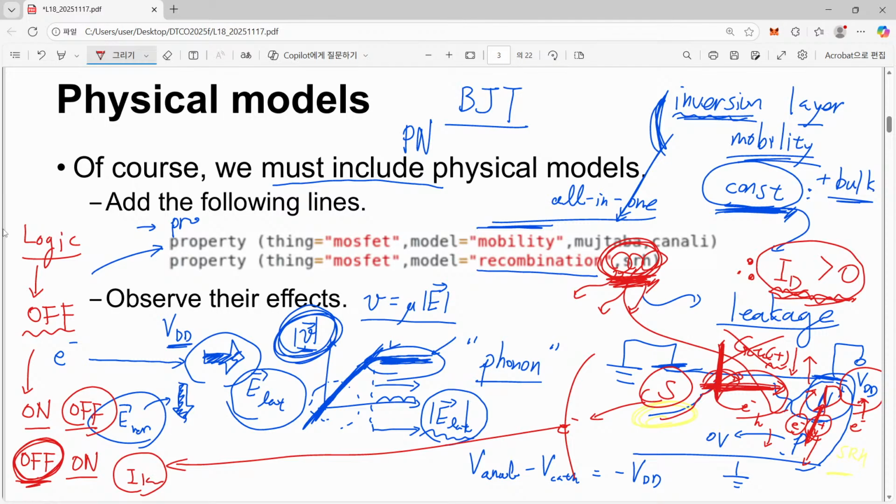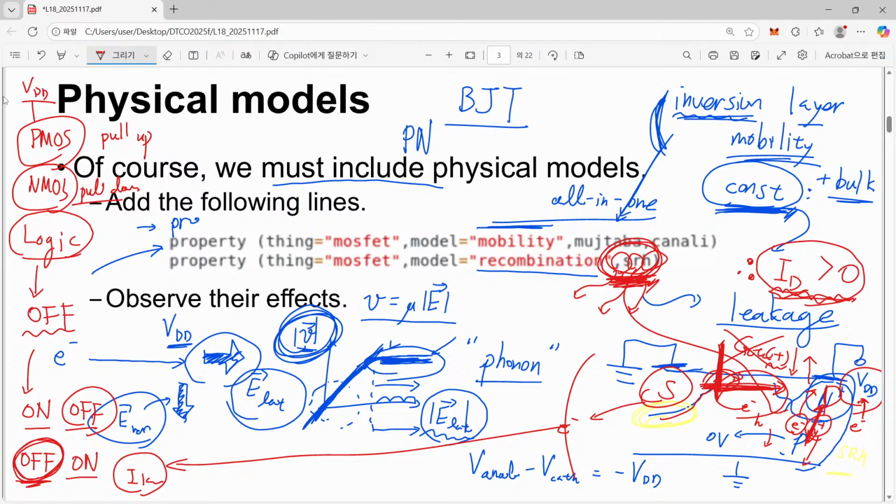So when we have a logic gate, usually we have a PMOS part here and an NMOS part. Usually this NMOS part is used to pull our voltage down to ground, and this PMOS part is used to pull up our voltage to the VDD level.